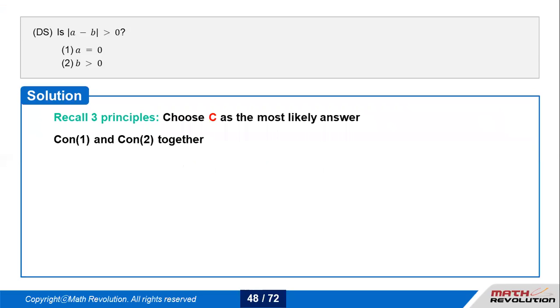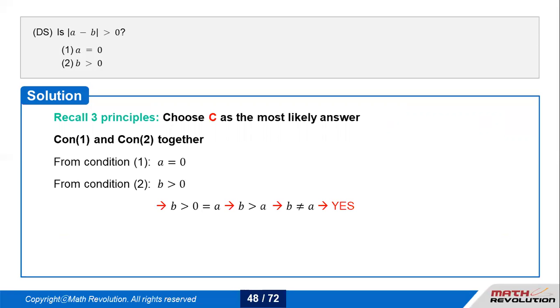Combine both the conditions, which say a is equal to 0, b is greater than 0. If b is greater than 0, then b is positive. If a is equal to 0, then a happens to be smaller than b. Then that means a minus b, if b is greater than 0, that means b is greater than a.